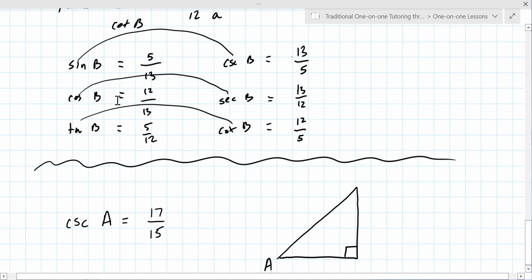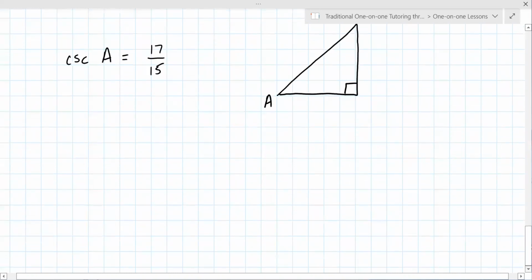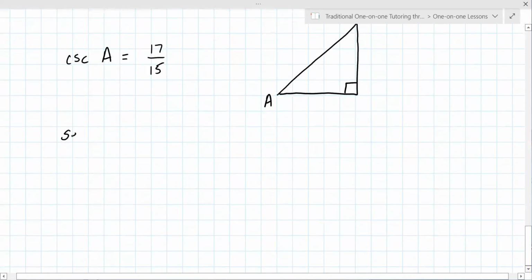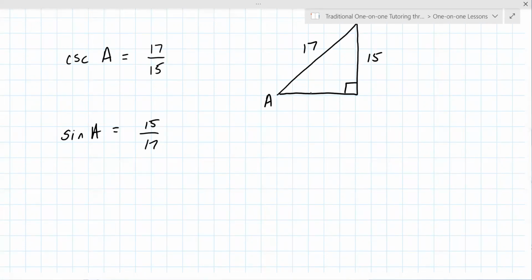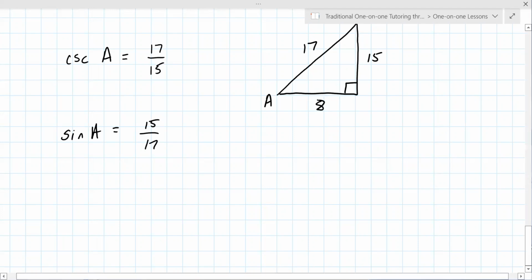And cosine goes with secant. So that means the sine of A is 15 over 17. Okay, so that's opposite over hypotenuse. What is the other side here from our list of triples? 8. 8. Very good.